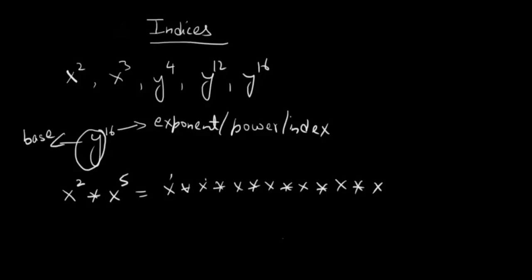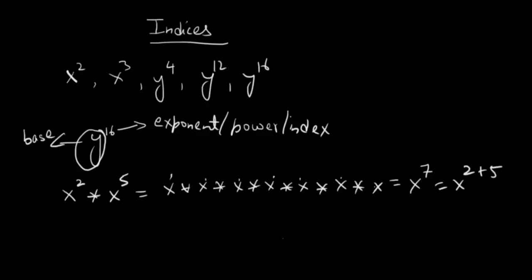So 1, 2, 3, 4, 5, 6, 7. Altogether there are 7 x's, so x to the power 7. In fact, this will give us the answer x7, but if we try to find the rule, it could be x to the power 2 plus 5.